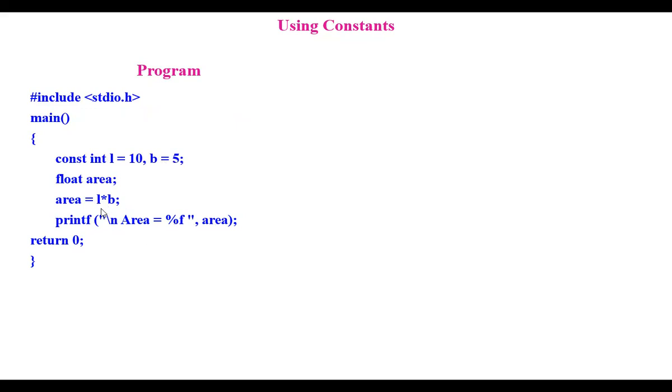So L into B gives 50, and let us see how much we get. If you compile and execute the program, we get the output area as 50 with six decimal places, because we declared it as float and want to display it as a float. So we have got this area like this.